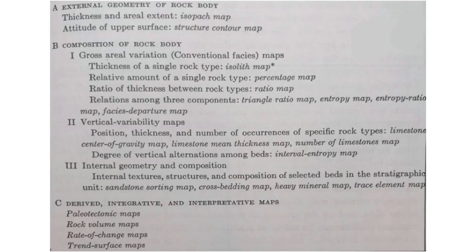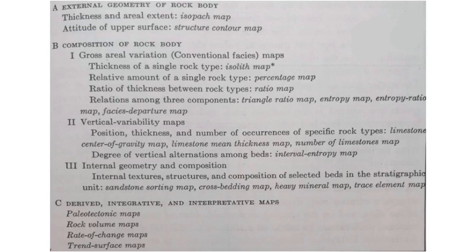This is called a percentage map. Then a ratio map: if you make a ratio between sandstone and limestone, or sandstone and marl. The ratio of sandstone may be higher than limestone, or the ratio of limestone higher than sandstone. This is called a ratio map.